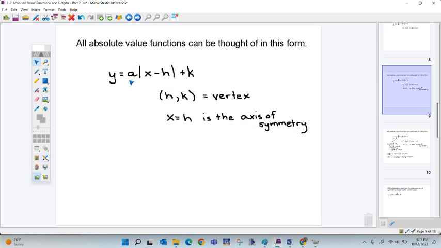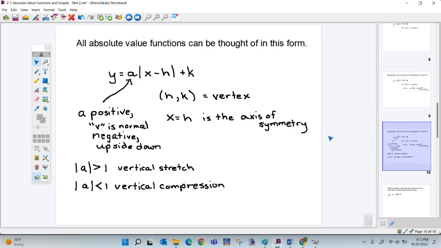If this number is greater than 1, it will be a stretch. If there isn't a number here, then it will be just a normal one. It won't have stretched or compressed. If there's a positive here, it's going to be a normal V like this.